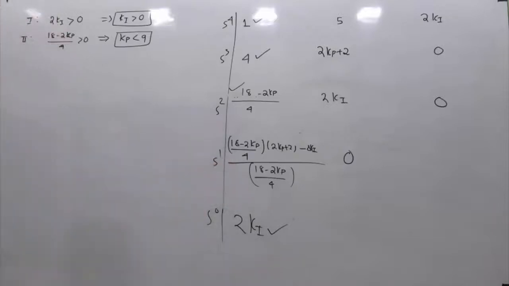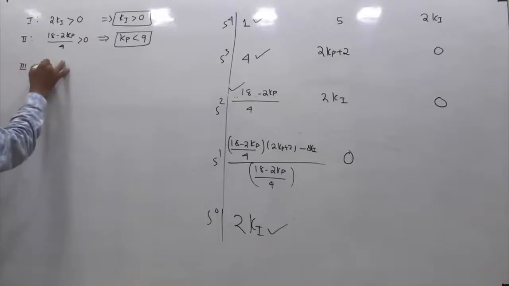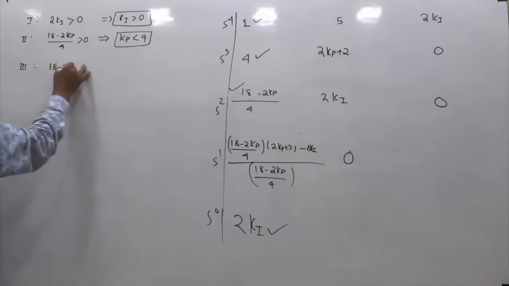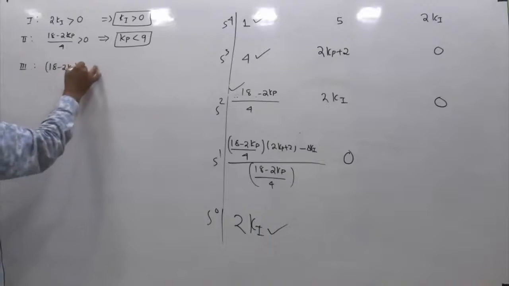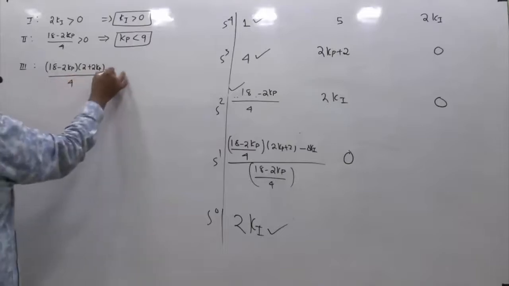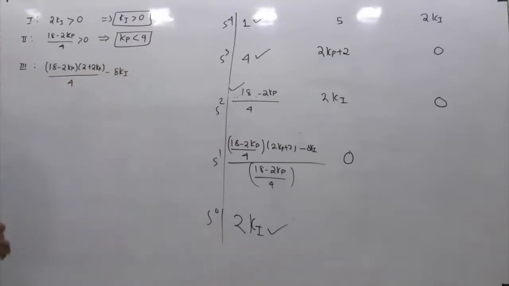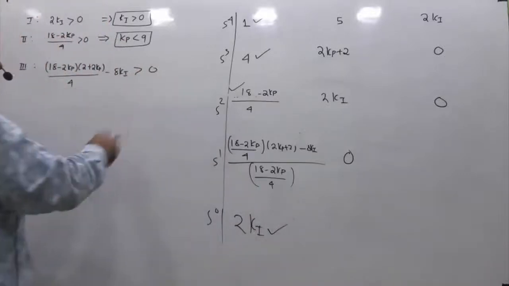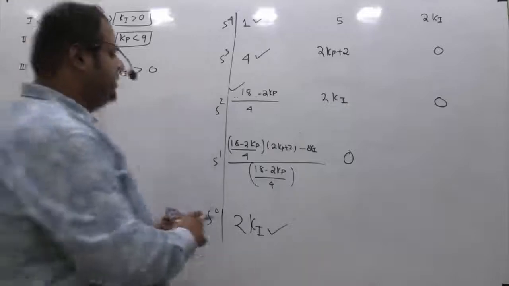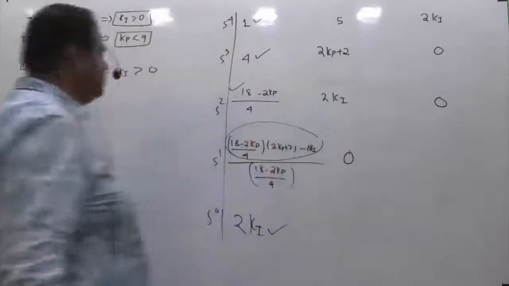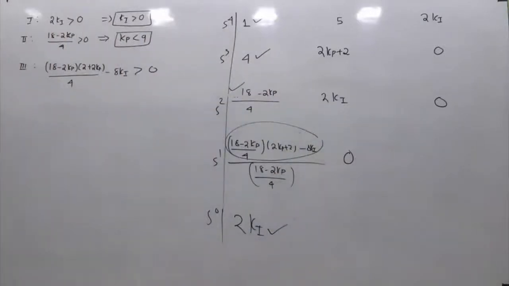So if we write the third condition, that is 18 minus 2 Kp divided into 2 plus 2 Kp divided by 4 minus 8 Ki, and divided by this, should be greater than 0. If I am saying this entire thing is greater than 0, then you are left with only the numerator being greater than 0. So let us see how we handle this situation.